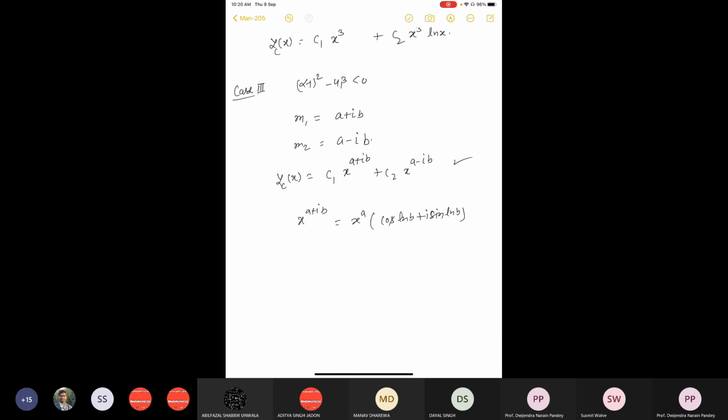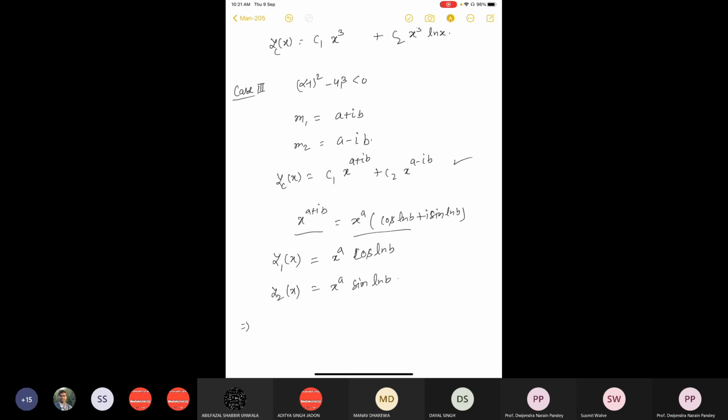So we can simplify and we can say that once we have a complex solution, then its real part and imaginary part are also solutions of the differential equation. I think this we have already proved here. So it means that I can find the real solutions y1(x) equal to x to the power a cos of ln b and y2(x) as x to the power a sine of ln b.